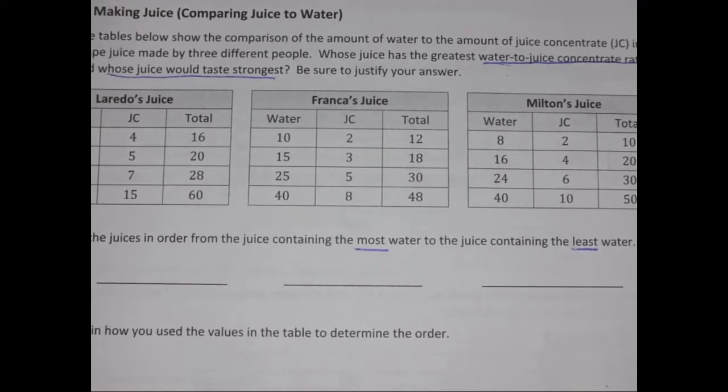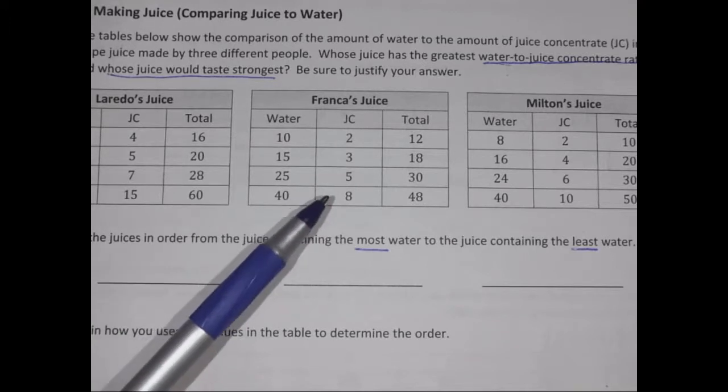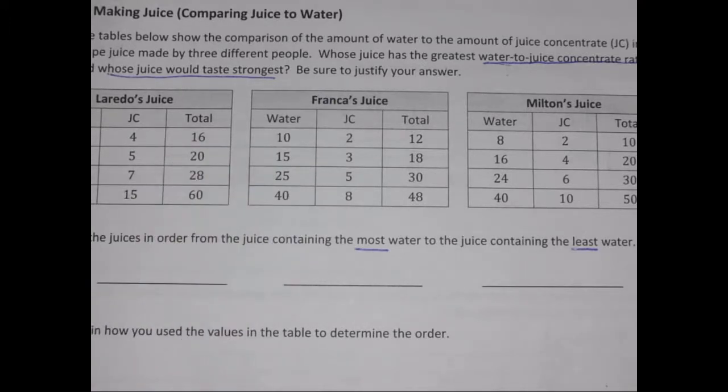You can, because if you look at the first chart, Laredo, you can tell that it has a column for water. And so you can tell how much water he put. Okay, so now, how many steps? Compare how much water Laredo put to how much water Franca put in her juice. Laredo put 5 ounces or gallons or whatever.